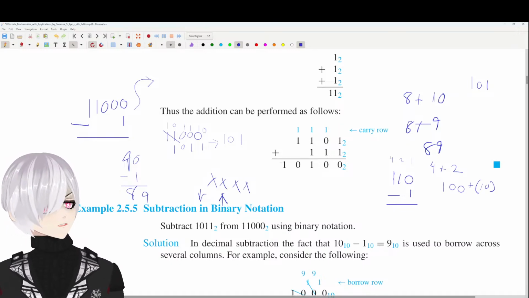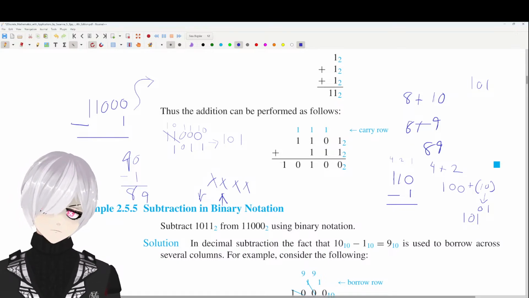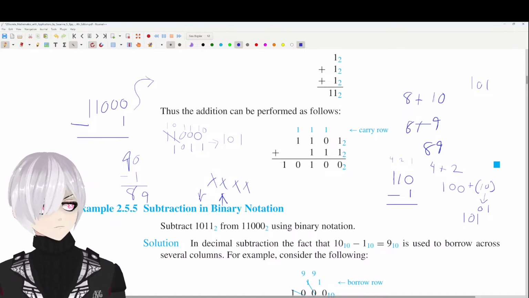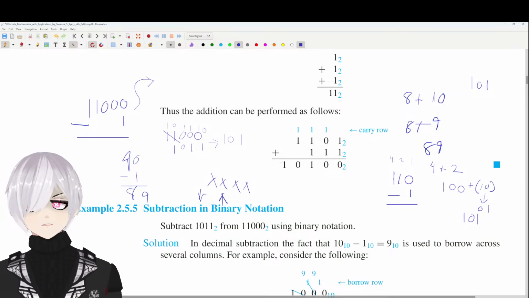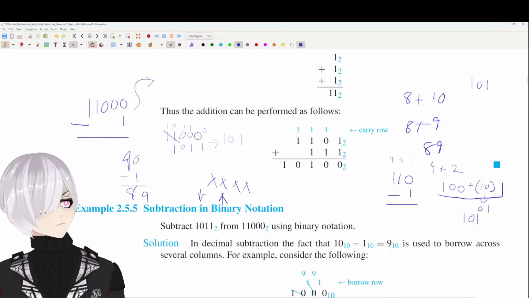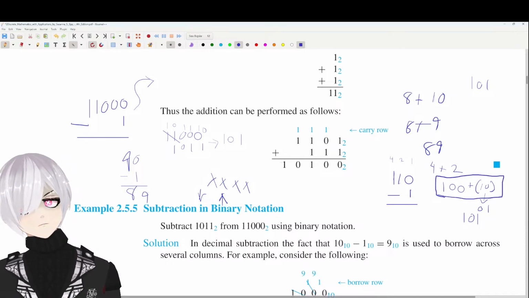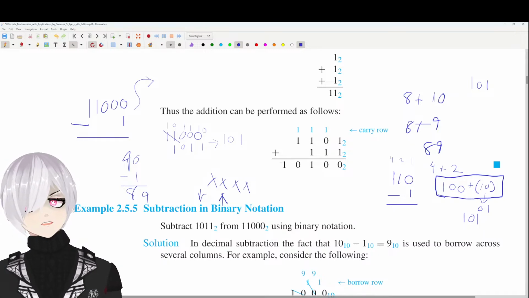So now we're going to subtract 1 from that. So we'd end up with this. Since we're subtracting something, we'll never end up in a state where we have two digits in one digit's place.